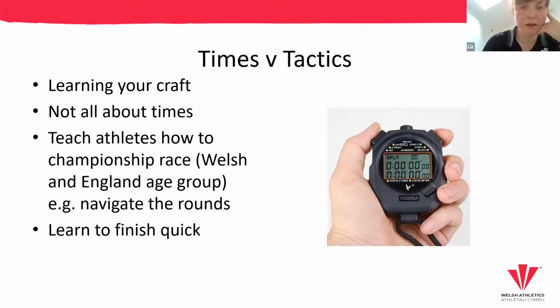However, we want to maximize as much as we can the ability for that athlete to have a strong finish, because if we look at tactics within races, we often see that races wind up and then there's quite a quick finish. So if we're just running gun to tape with a set pace, splits being very even per lap, then we're possibly going to be limiting our athletes' ability to deal with those tactical situations. So from a development perspective, think about your times and your tactics, basically.